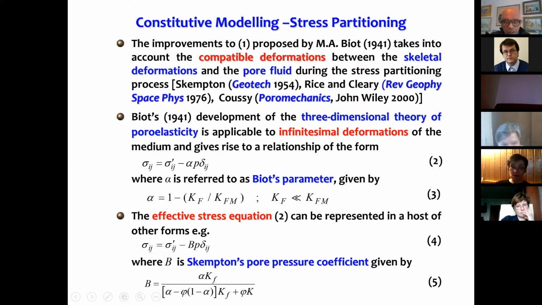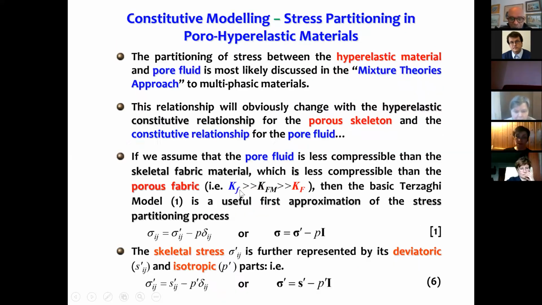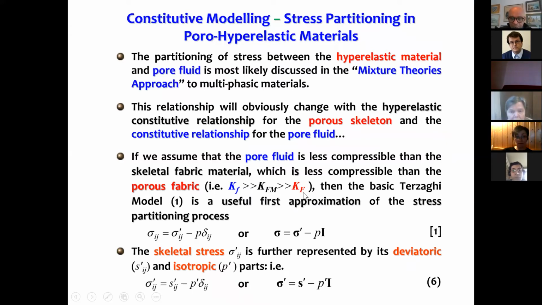Okay, so we assume that the bulk modulus of the skeletal material is much greater than the bulk modulus of the porous medium, and it's much greater than the bulk modulus of the fluid itself.